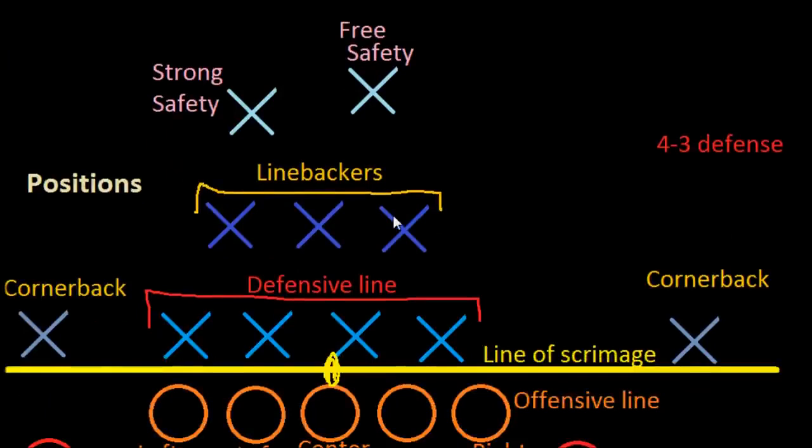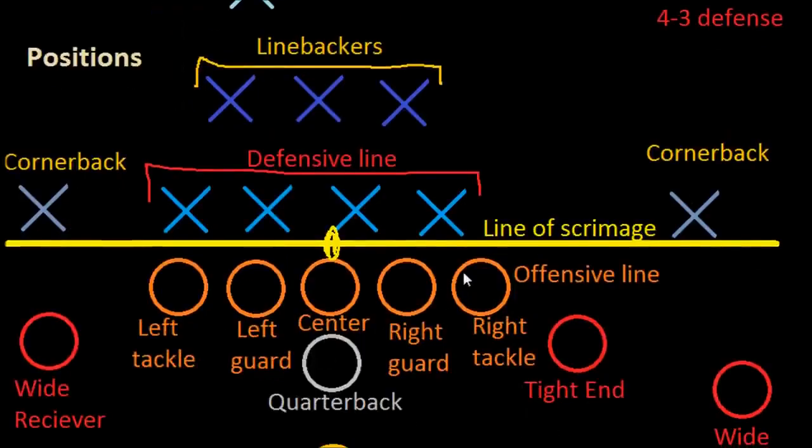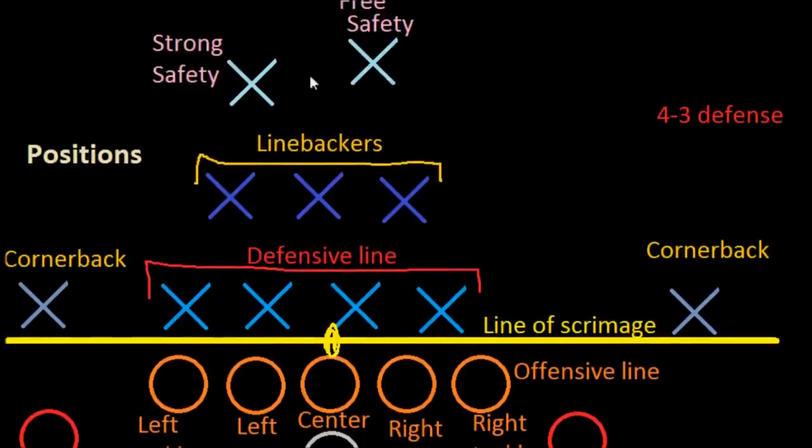And so again, this is not the required way that these guys line up. Just like offense, they have some leeway in how they want to position their players. So can the defense.